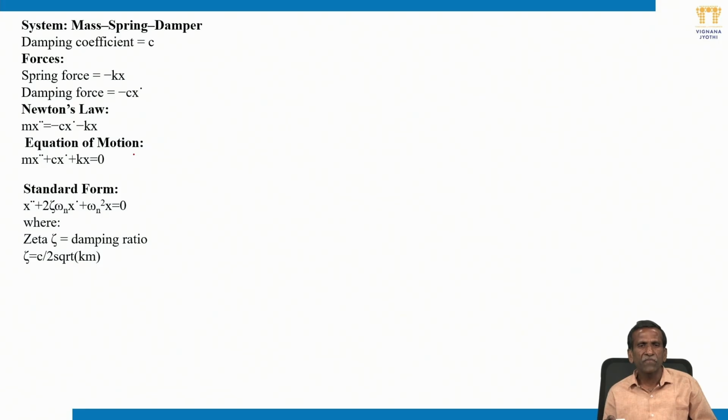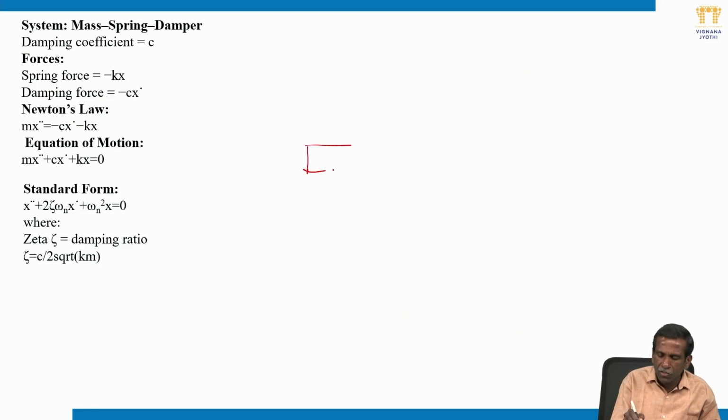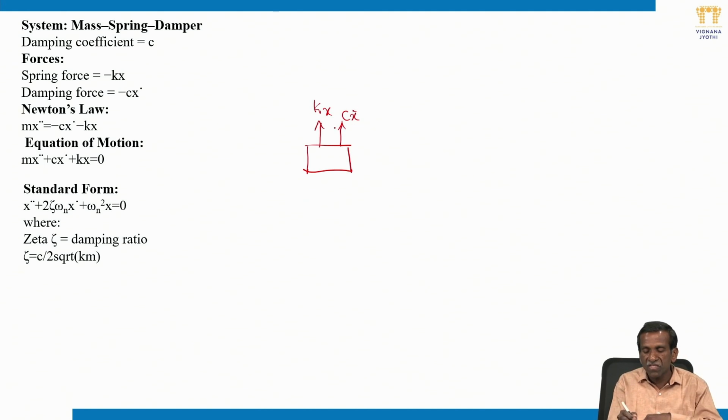If you consider a damper also, then for the mass equilibrium, the restoring force due to stiffness is kx, and for the damper it is c x dot, where c is the damping coefficient. Spring stiffness is defined as force per unit deflection.